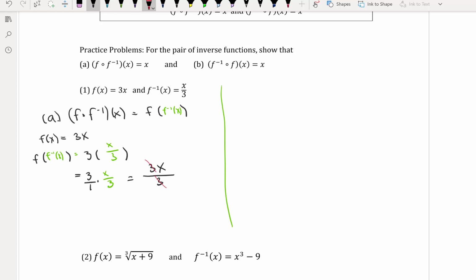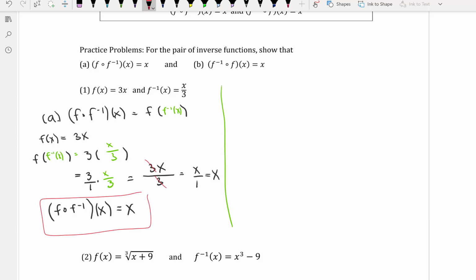But then the 3 ends up canceling out, so you're left with x over 1, which is just equal to x. So I've just shown that f composed with f inverse with respect to x is equal to x. And that's what you were trying to do. You were trying to show that it was equal to x.